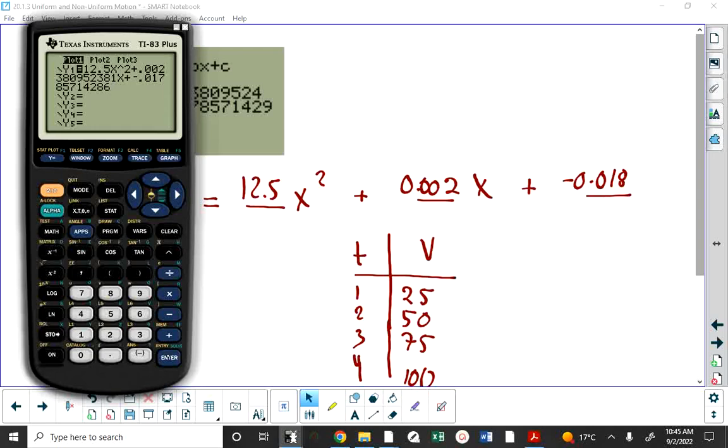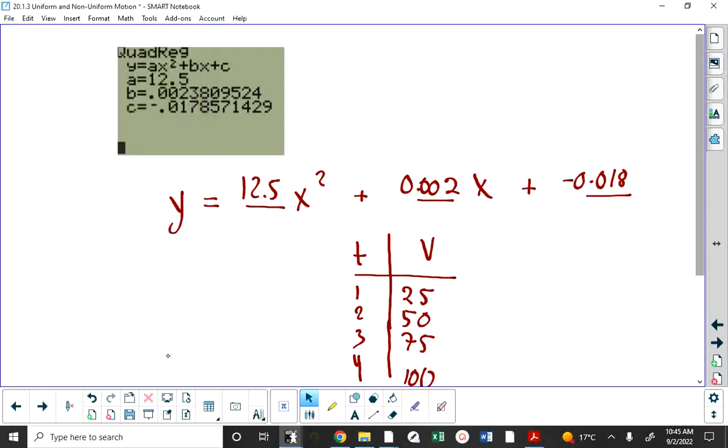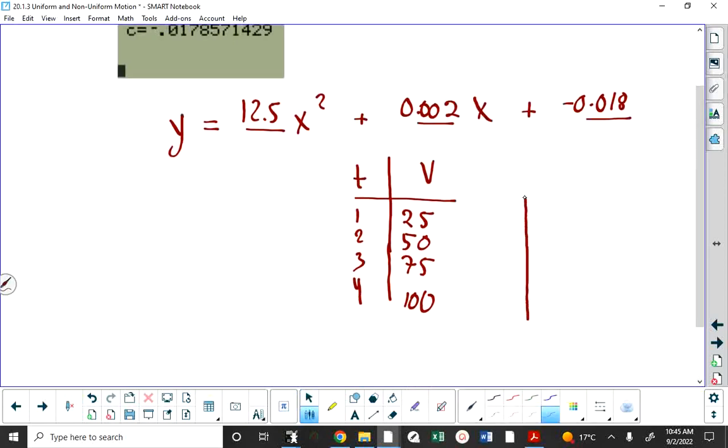Do you agree you get 75 meters per second and 100 meters per second, basically? How many of you understand that the slope of this graph will be 25? If you want to now put this in for L1, this in for L2, and do a linear regression to find the slope of that line, that's up to you.